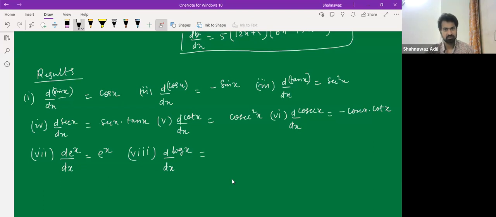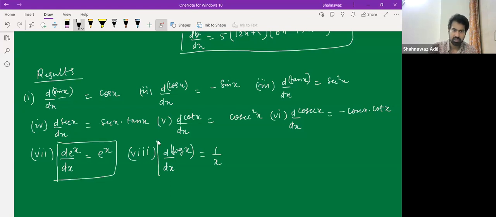Differentiation of log x is, so let me erase this one then. Or let's keep it here and you guys can prove whether these are correct or not. Let me highlight this one. This is important. This is important.